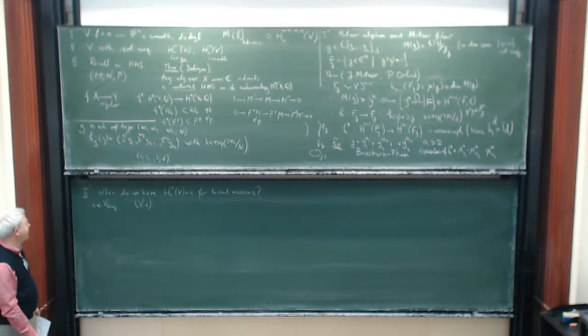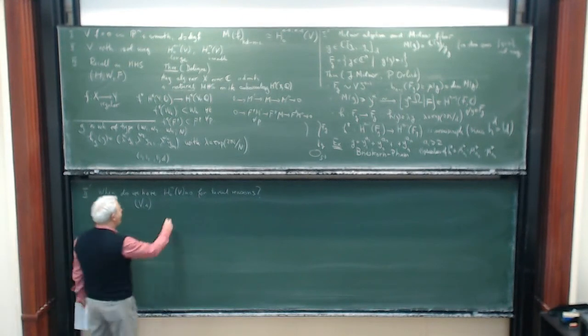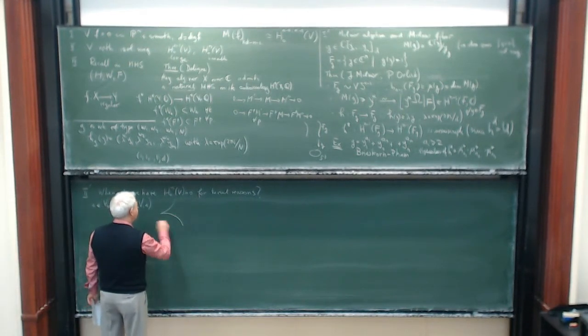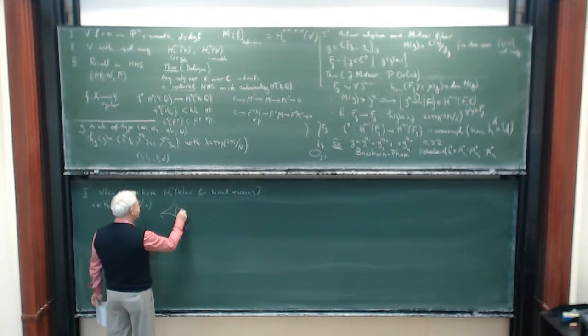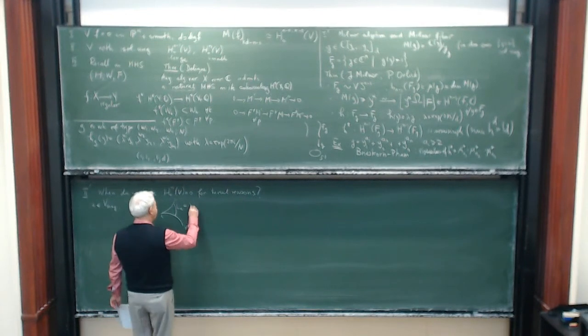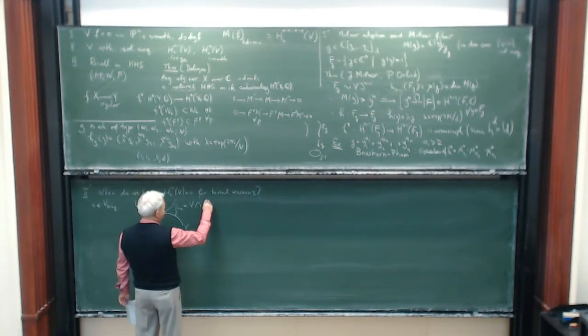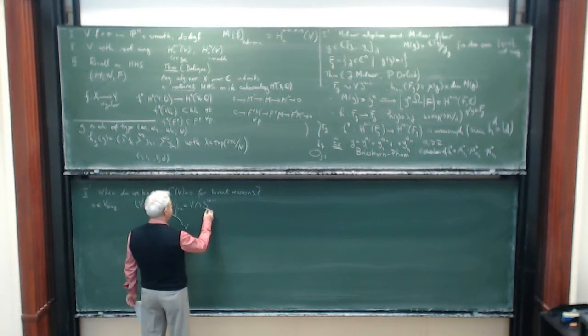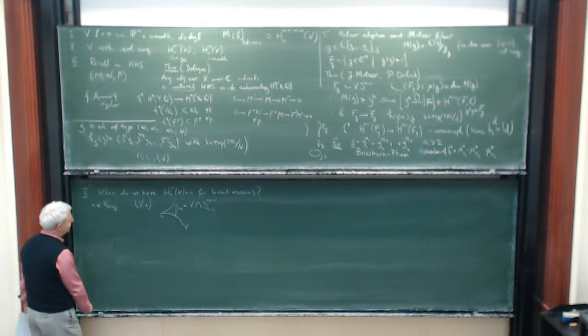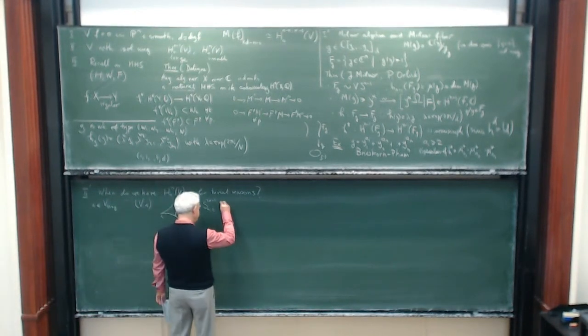And this germ, of course, I can represent in a ball, and I can take the intersection with a small sphere, and I can get the link of the singularity. So this is a sphere in the n-dimensional space. So it is a sphere of dimension 2n minus 1, centered at A, and with a very small radius. And this is called the link of the singularity.